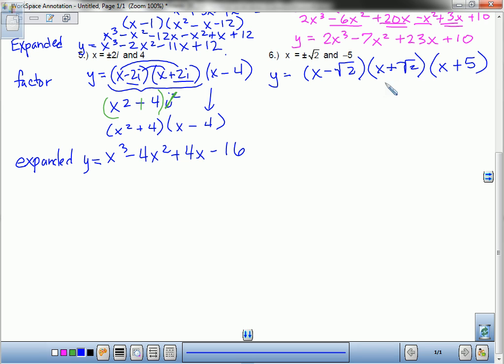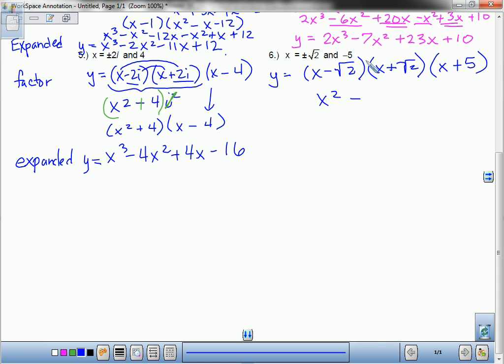So if we multiply these back, when we do the opposites, we multiply the first ones. The outside cancels with the inside. They're opposites. Positive root 2x and negative root 2x. Those cancel. And then we have a negative times a positive, which is a negative. And we get the square root of 2 times the square root of 2.